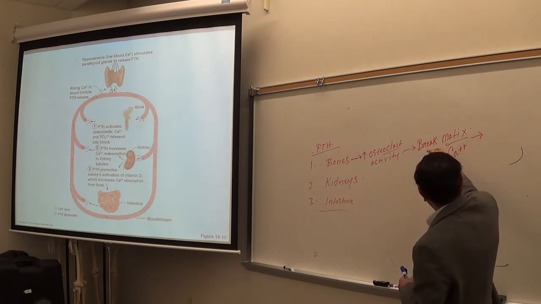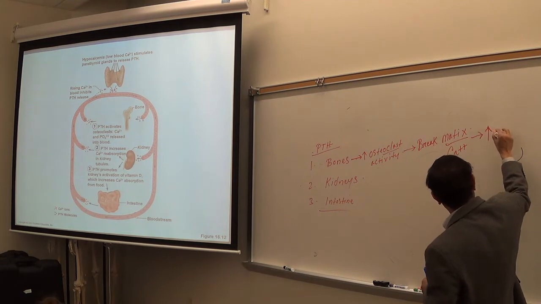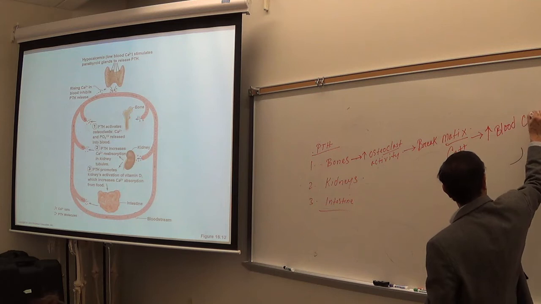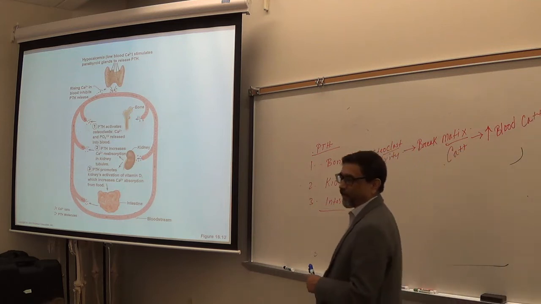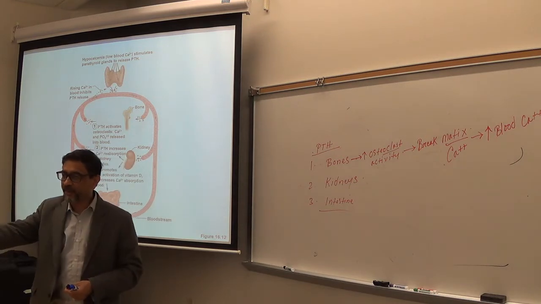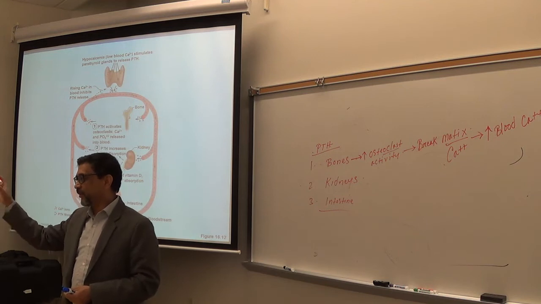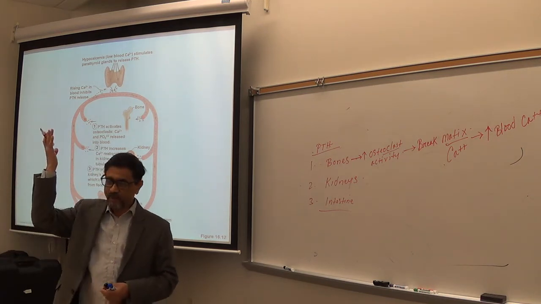So that calcium will come out and will enter into the blood, that will increase the blood calcium. More parathyroid hormone, more osteoclastic activity, more breakdown of matrix of the bone, release of calcium into the blood. So blood calcium will go up.